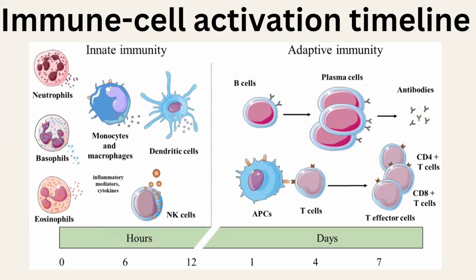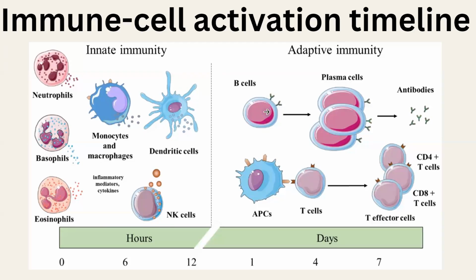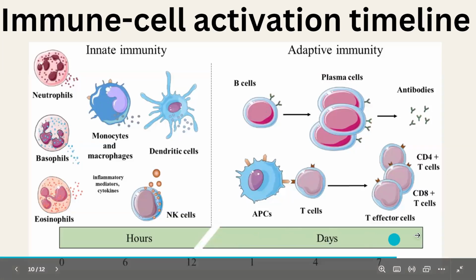They might start the process of a fever to try to get rid of foreign material, or they're going to try to digest the foreign material. That happens within hours. Over days, our B cells are going to recognize the antigen or invader and create plasma cells and antibodies to fight it. And then our T cells are also going to specialize to fight off whatever is causing the infection or sickness. That happens within a week time frame. Everything is working.